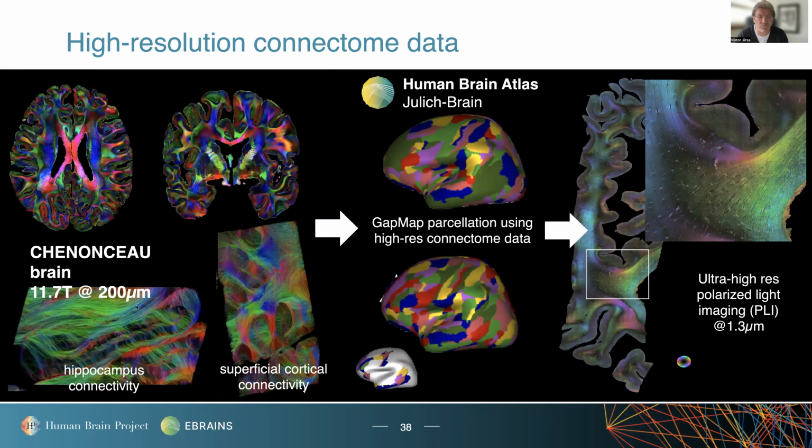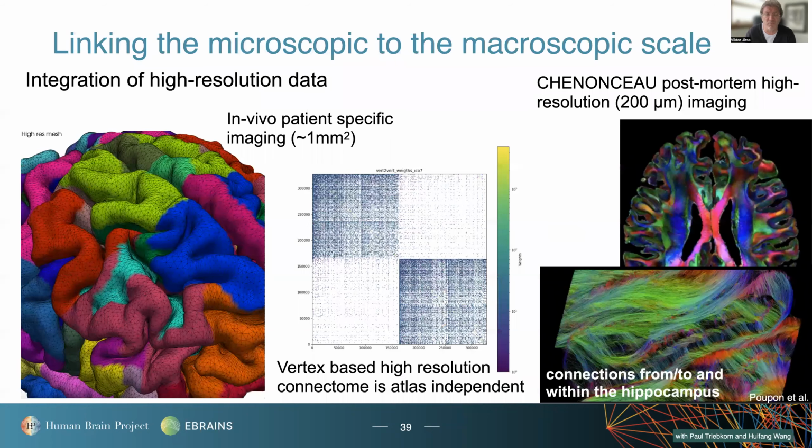Here you have the Chenonceau brain, the brain that Roxana was operating on, which was scanned during 2 months with a resolution of 200 micrometers. And here is an example of polarized light imaging that allows us to go down even to 1 micrometer.